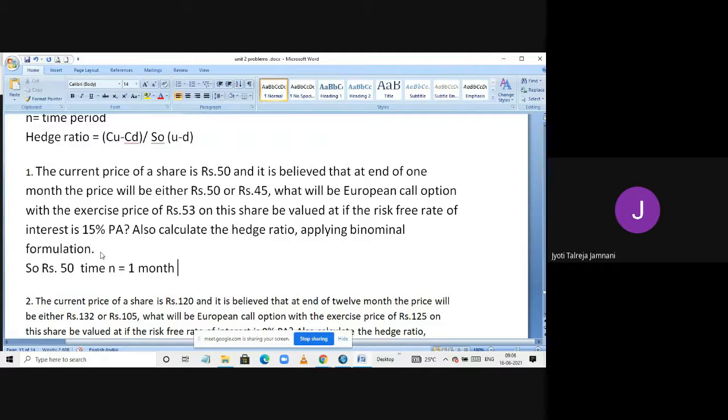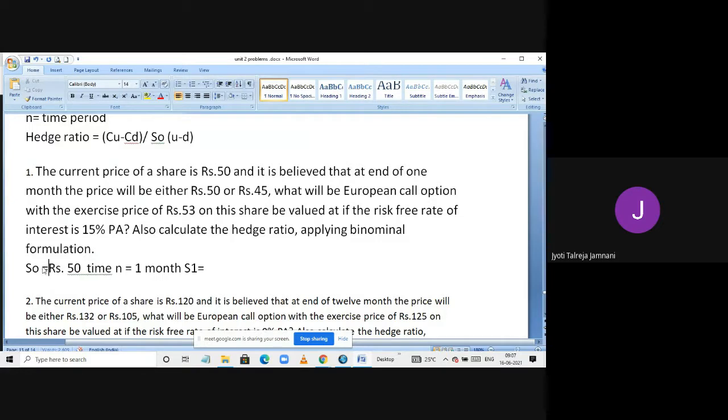The price will be either rupees 50 or rupees 45. Now see here, they have given you two prices, this we will call S1. So after 1 month means in the future. Today is present, so I have written S0, 50 rupees here.